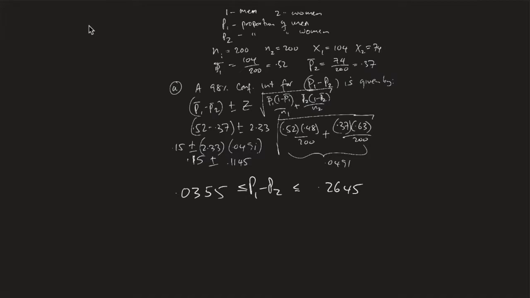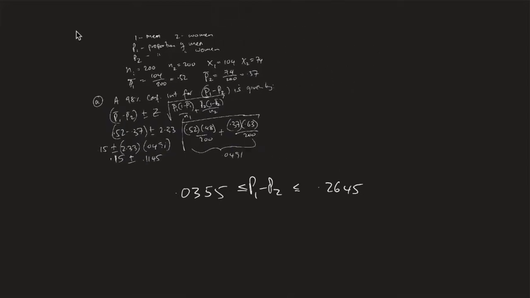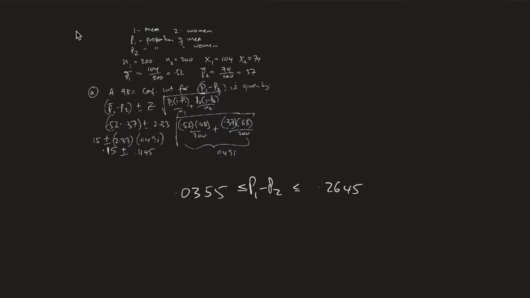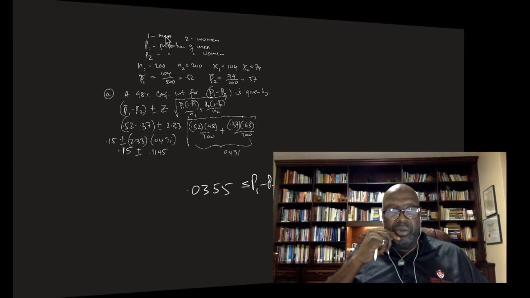So when you look at that difference, we are 98% confident that the difference between the proportion of men and women who believe that they'll get promotion, all right, is between 3.55% and 26.45%. All right, that's a pretty wide interval. I'm sure you'll agree with that.